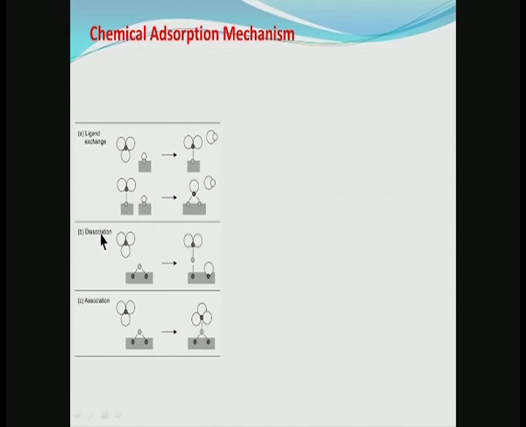Or you can have dissociation. So, the incoming precursor molecule dissociates, and therefore you have a different kind of chemical circumstance on the substrate. Or it can be association, where the incoming molecule gets associated with what is already on the substrate. So, these are different cases.